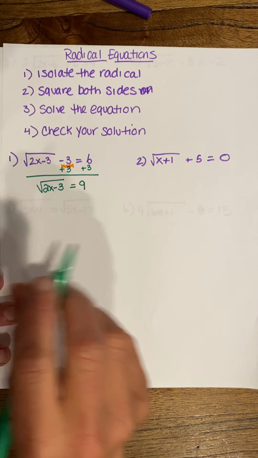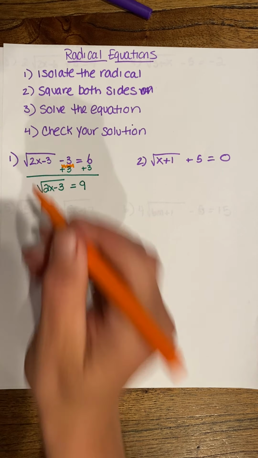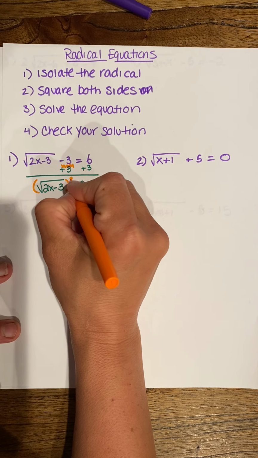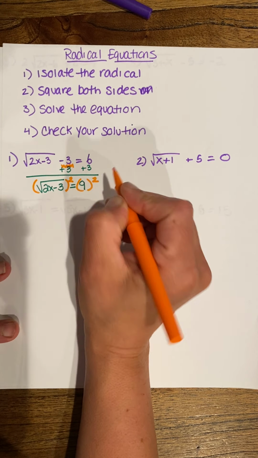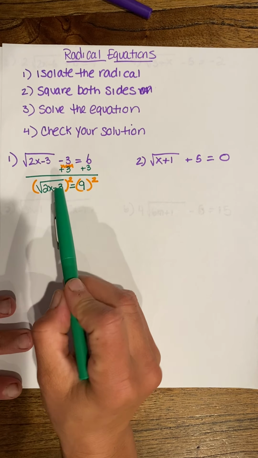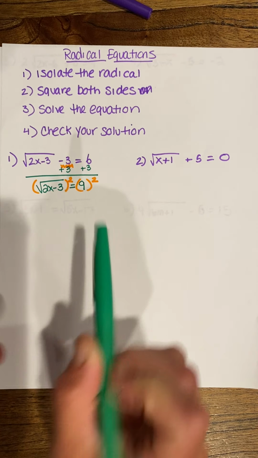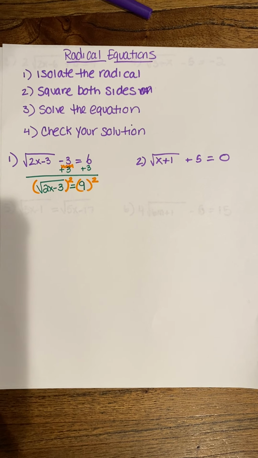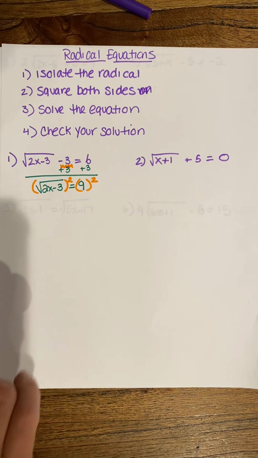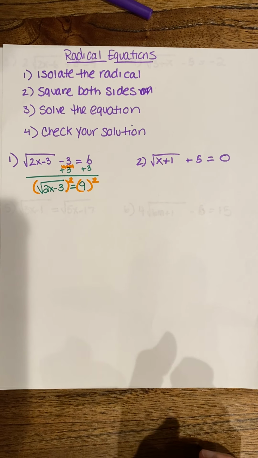Step 2, like we said, is going to be to square both sides of the equation. So here we go. I square this side and I square this side, okay? And here's the reason why we do it. If I have something in a square root and I square it, that cancels out the square root. Squaring and square rooting are opposite. It's like starting with a number and adding 10 and then subtracting 10.